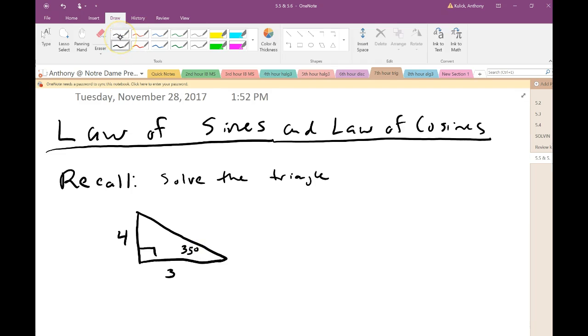You should remember some problems that looked a little like this, where you're asked to solve the triangle, and you're given a right triangle that included either a side length and an angle measure, or 2 side lengths.